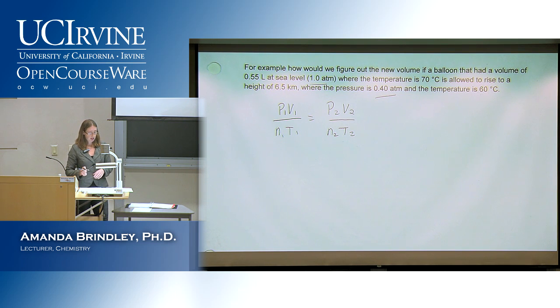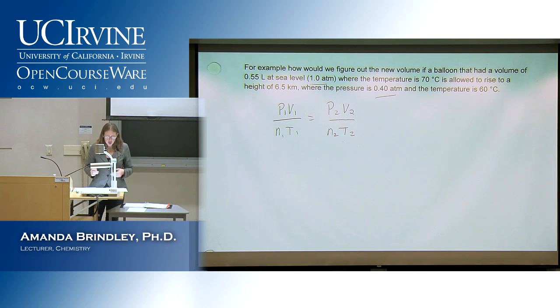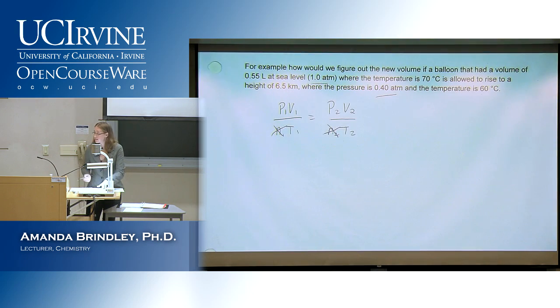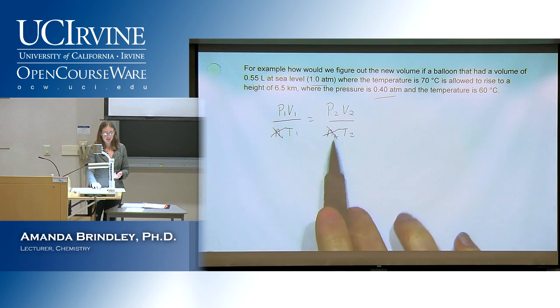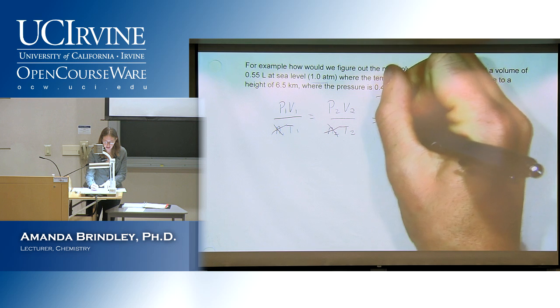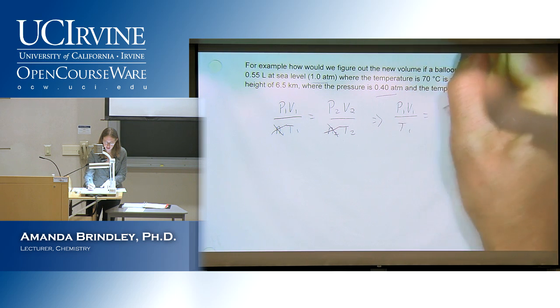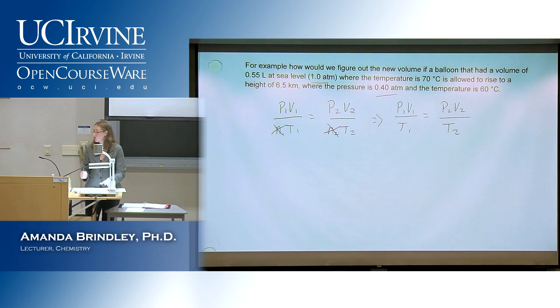Is our volume changing? Yeah, that's the thing we don't know. That's the thing we're solving for. So what's the only thing here that isn't changing? Moles. So just cross it out. It's the same on both sides, so it doesn't matter what it is. If it's 3 over here, it's 3 over here, so they cancel out. So that leaves us with like that. And so that's where we can start from.